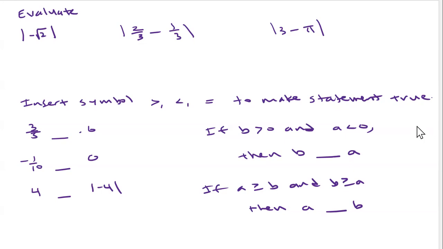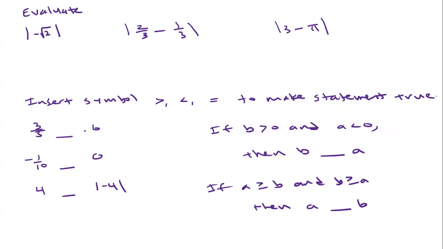Okay, so we have the absolute value of negative radical 2. So you should have just written radical 2, right? Or 1.41. Again, that should have been radical 2 or about 1.41. 2/3 minus 1/3, that's easy. That's going to be just 1/3.